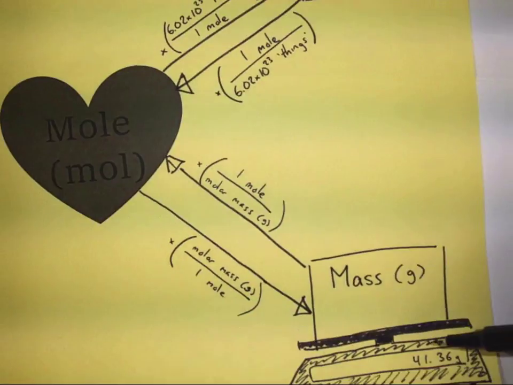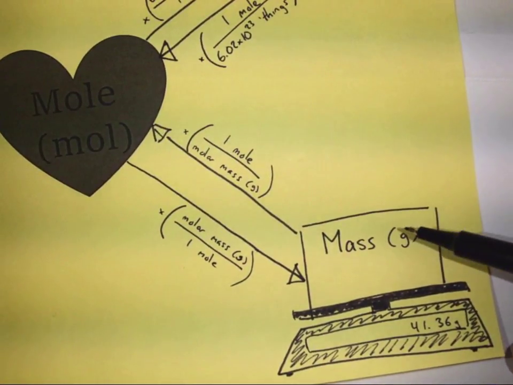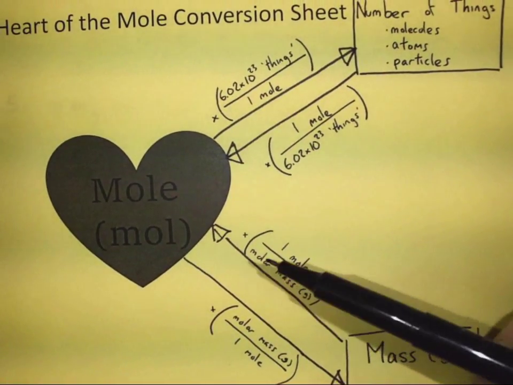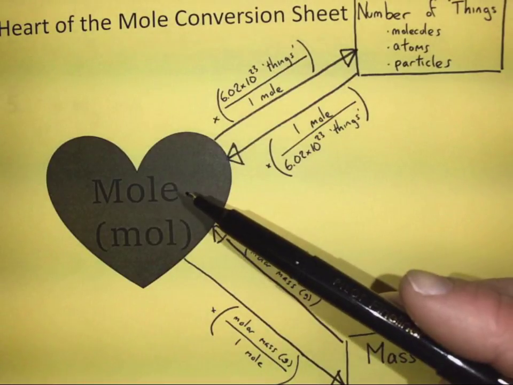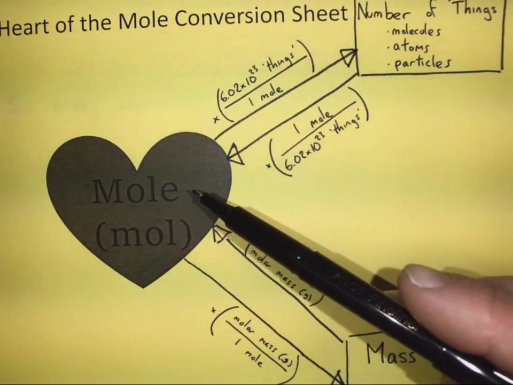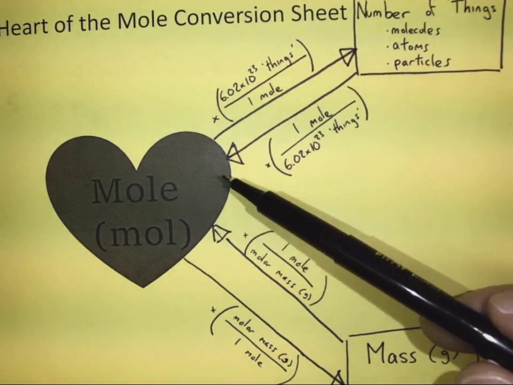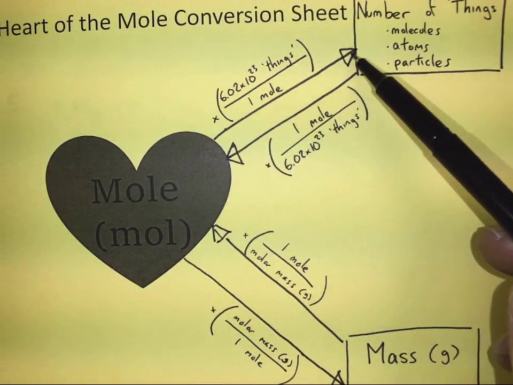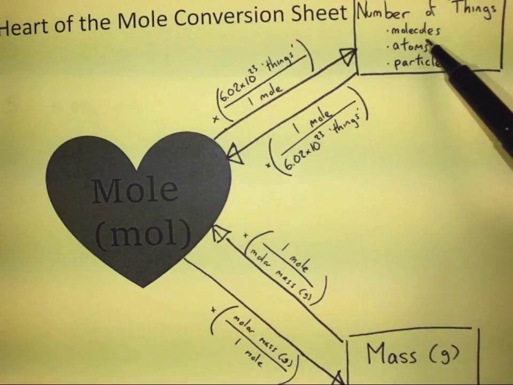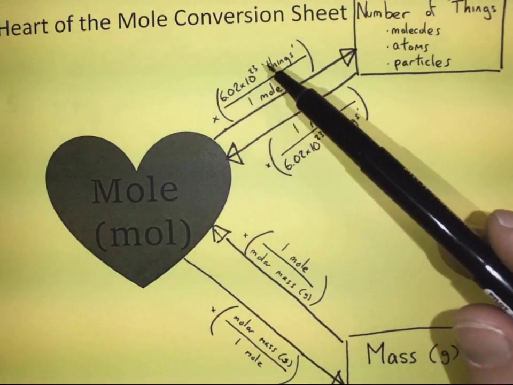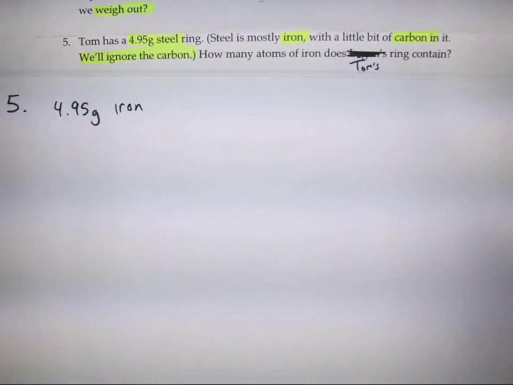We know it's like 4.95 grams or something like that. So we're going to travel along this path to turn our expression into a number of moles. How many moles of iron? It's 4.95 grams. And then we're going to travel up to here to find the number of molecules by multiplying by Avogadro's number of things.